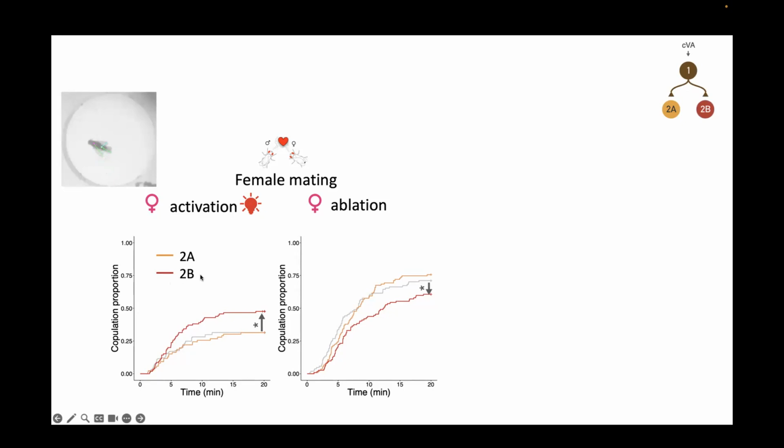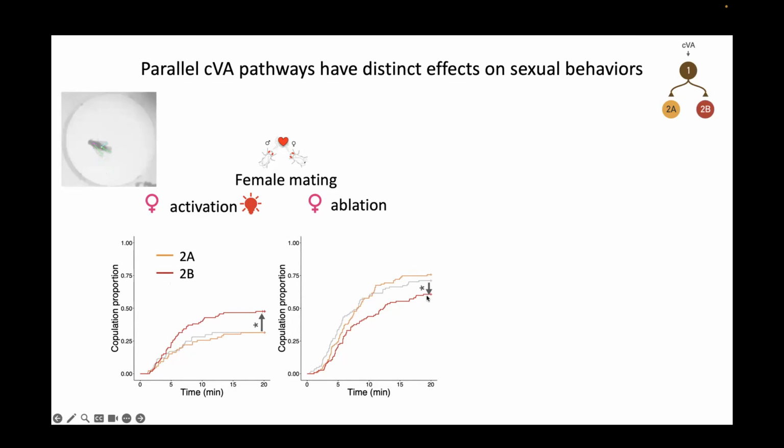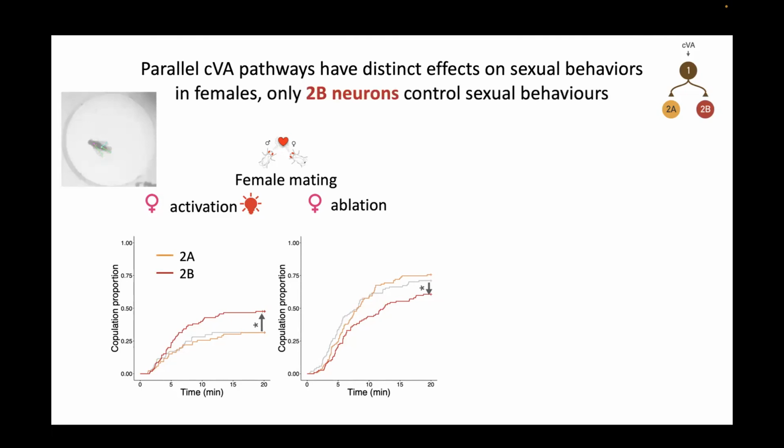So 2B neurons seem to be important for female receptivity. Also, ablating 2A neurons had no effect on female receptivity, the same as control, but ablating 2B neurons did impair it. So those two parallel pathways have distinct effects on sexual behaviors. In females, only 2B neurons control sexual behaviors.